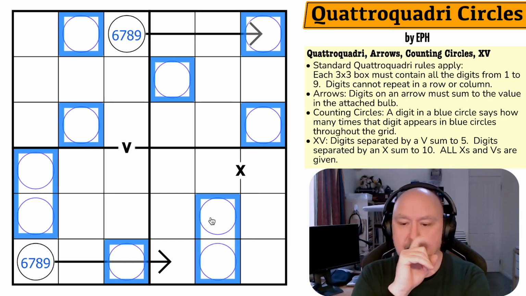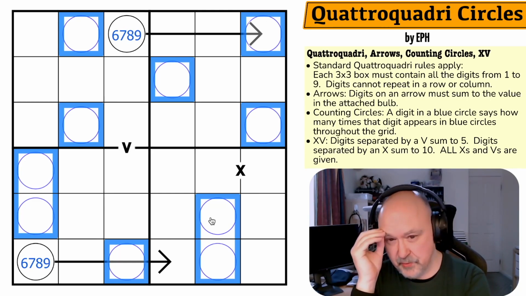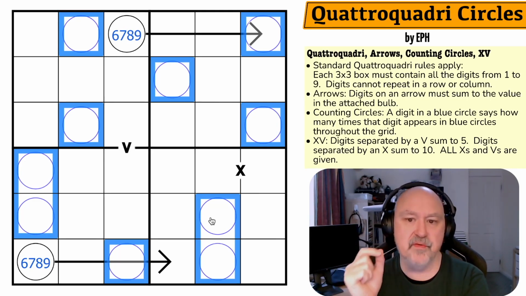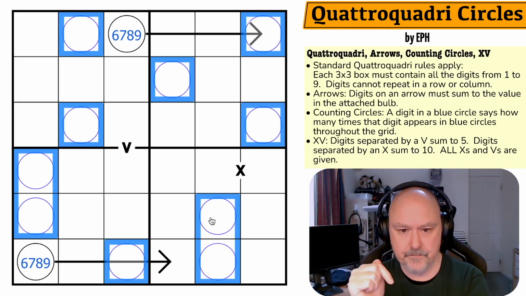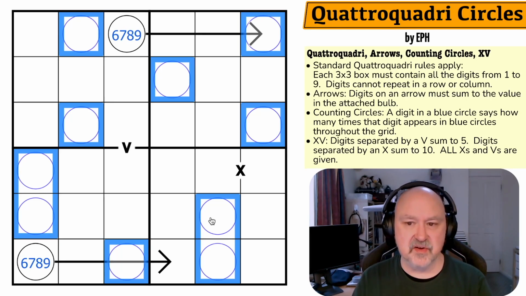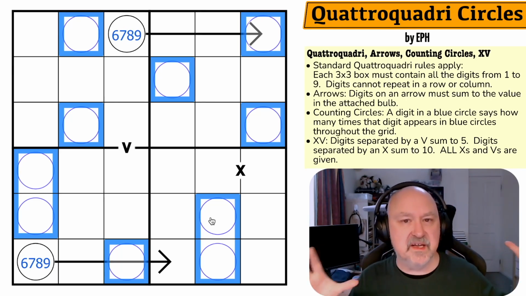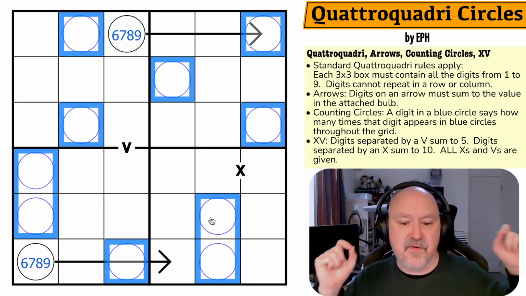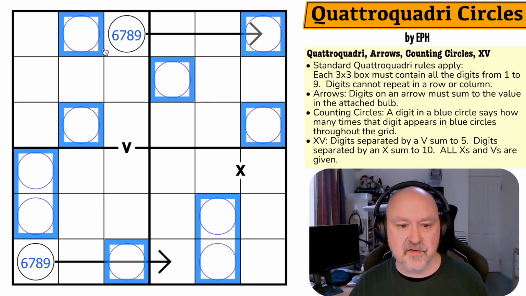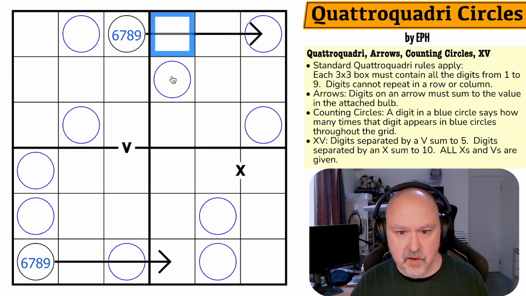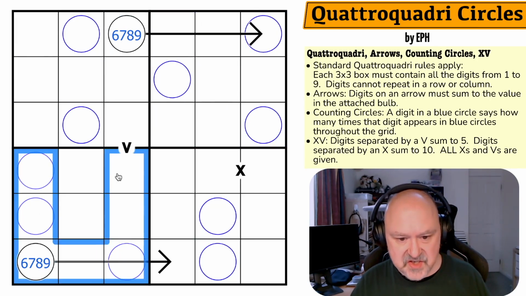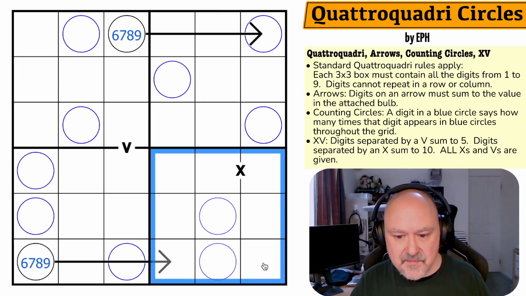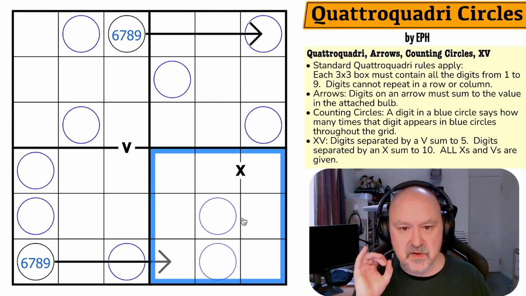Now, the maximum digit I can put into one of these counting circles surely is a 4, because I can't put more than 4 of the same digit into a grid. The way I like to think about counting circles is they're basically like a grid-wide killer cage. So these are 1, 2, 3, and 4, because I cannot put 5 of the same digit into the grid, because I've got 1 of each digit in here, 1 of each digit in here, 1 of each digit in here, and 1 of each digit in here. So the maximum digit I can put into a circle is 4.